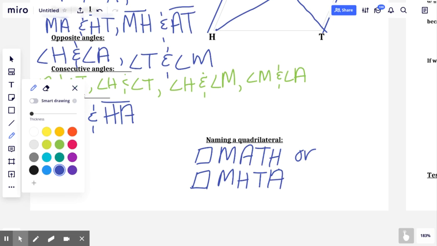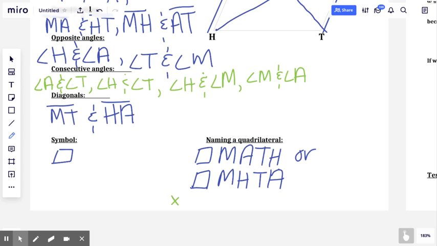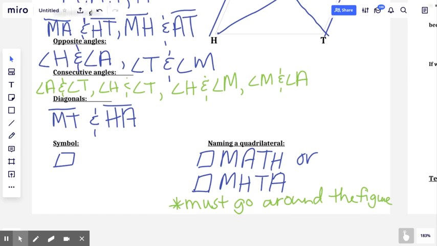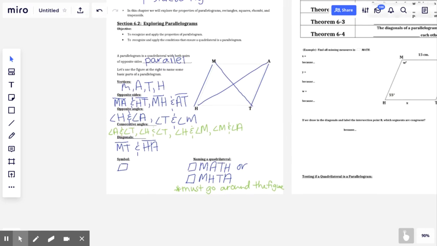Let's add in a little note. Must go around the figure. Like you can't jump around. Okay, so that is the first part. Those are all the basic parts of a parallelogram.